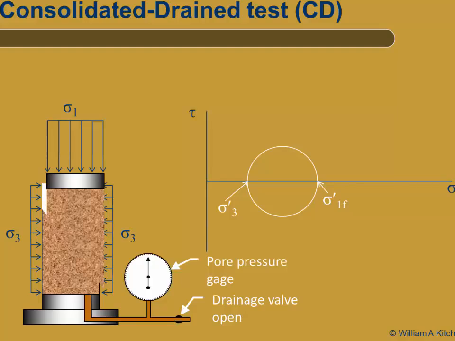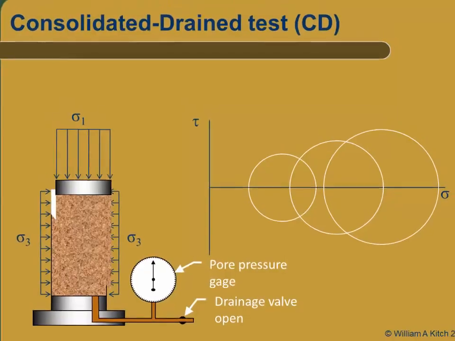If we test a second specimen but consolidate it to a higher confining stress, the soil will gain strength during the consolidation process. When it is sheared, it will have a larger Mohr circle at failure as shown. Likewise, if we run a third test at yet a higher confining stress, again the soil will consolidate and have an even larger Mohr circle at failure.